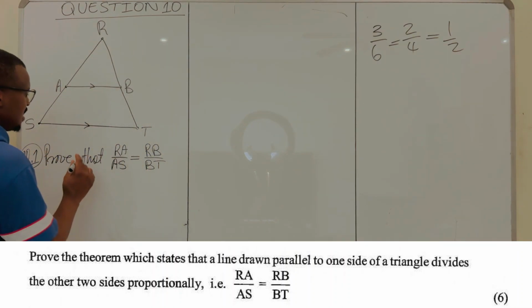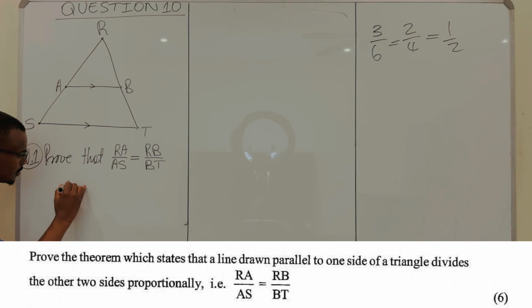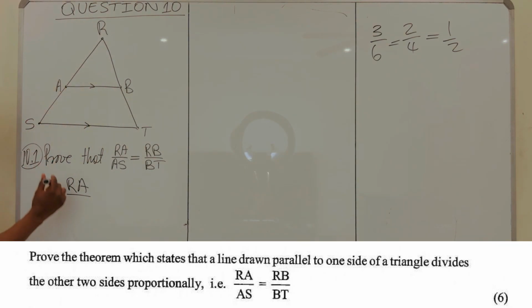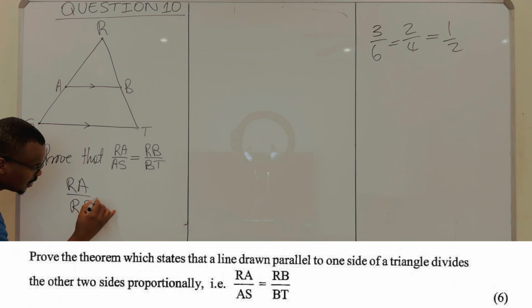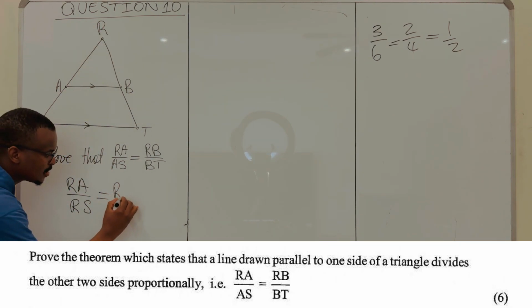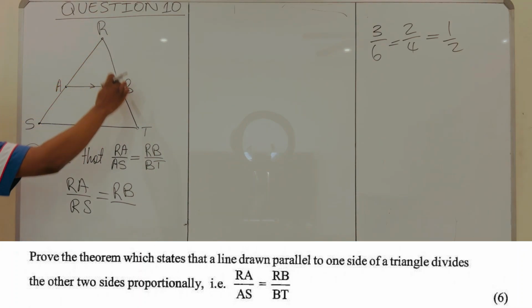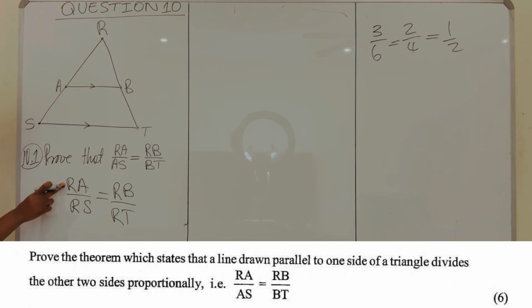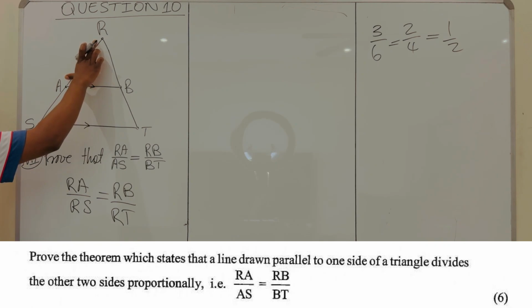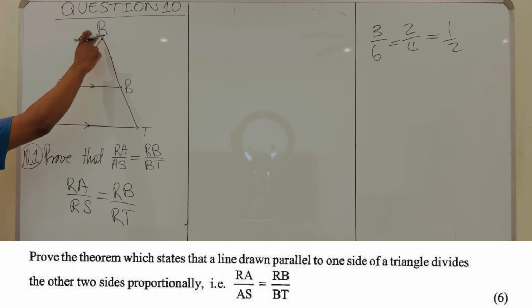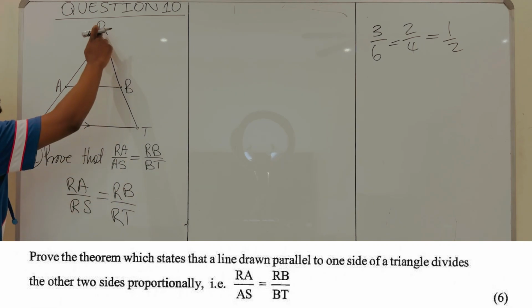For example, if I were to say you are A, so you are RA over the entire RS, it should be the same as your RB on the other side over your entire side as well, which is RT. So your RA is just this top length here. Look at your RB is the top length there. Your RS is the entire side and your RT is the entire side.